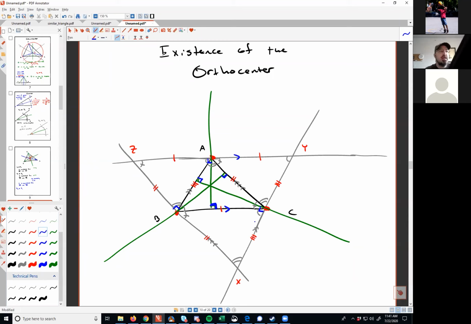So the three green lines are the perpendicular bisectors of X, Y, and Z, and we have already proved today that the perpendicular bisectors are concurrent. They are concurrent at the circumcenter of the big triangle.